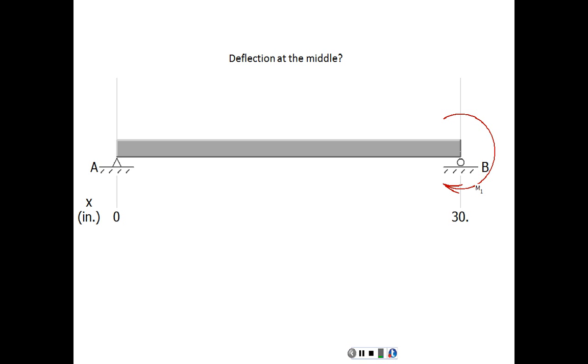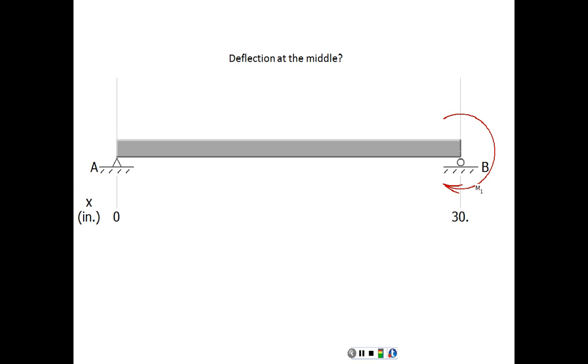Can you use 8? Would it work? Well, what is 8 telling you? At the middle? No. What's going on here? When you do this, and I'm going to exaggerate it a little bit, if that's your undeflected shape and you put the moment on, it's going to make a frowny beam, something kind of like that.